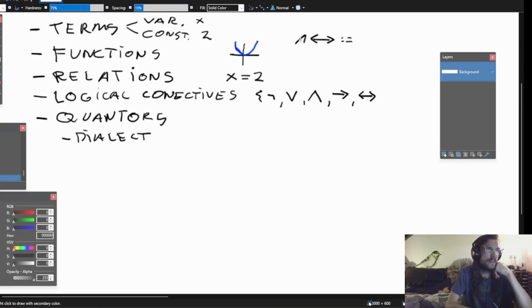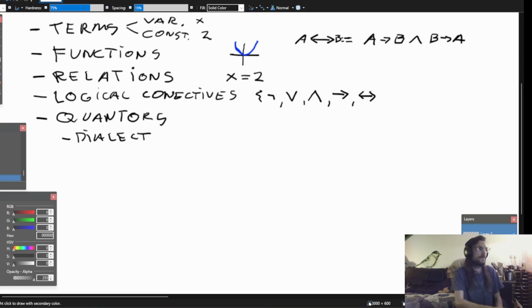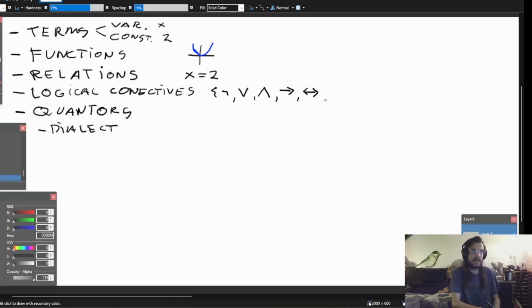So if you have A if and only if B, that's the same as saying A implies B and B implies A. But it really doesn't matter if you consider it as an axiom or a definition, in my opinion, as long as you know what it does. And then I also grouped in the false symbol in here, and the true symbol is never used, so don't worry about that one. Some people categorize this as a separate symbol.